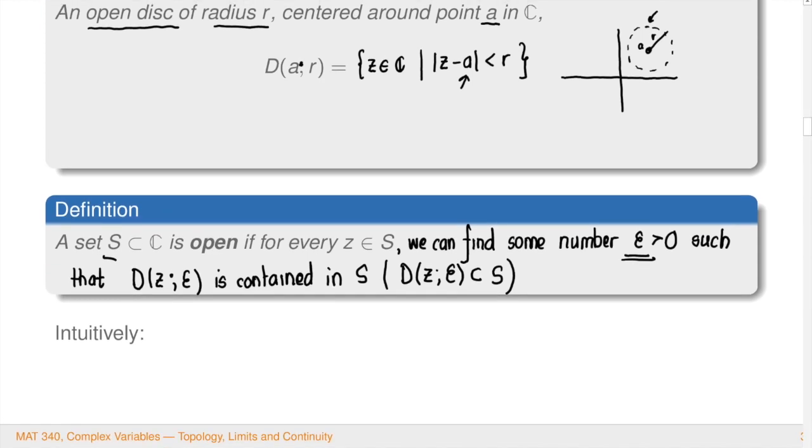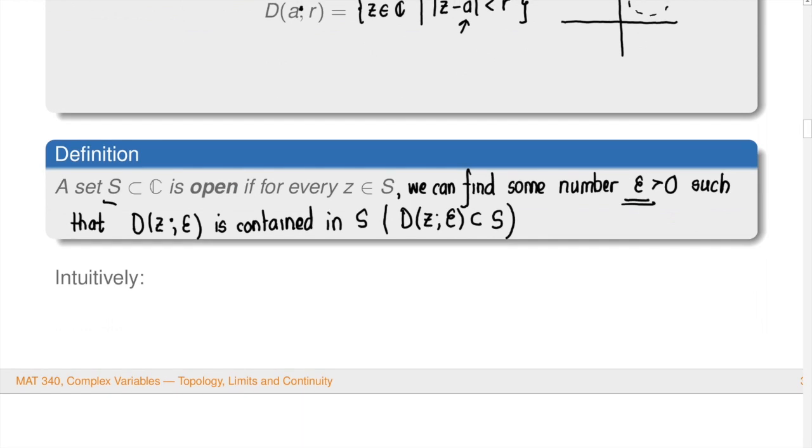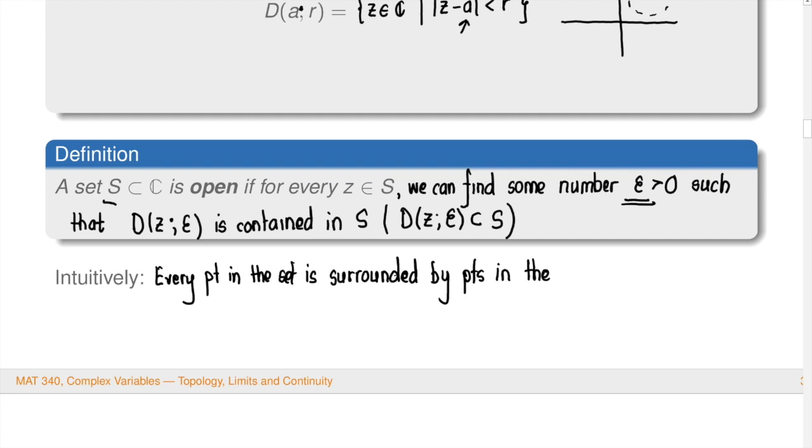All right, so that's the definition. Intuitively, what this means is that every point in the set is surrounded by other points in the set. If you look at a point there, around it, it's going to have points in the same set itself.